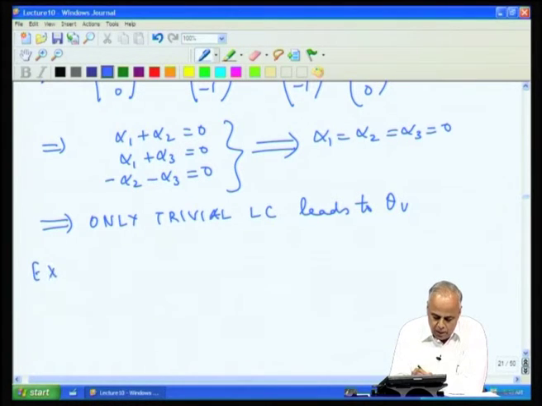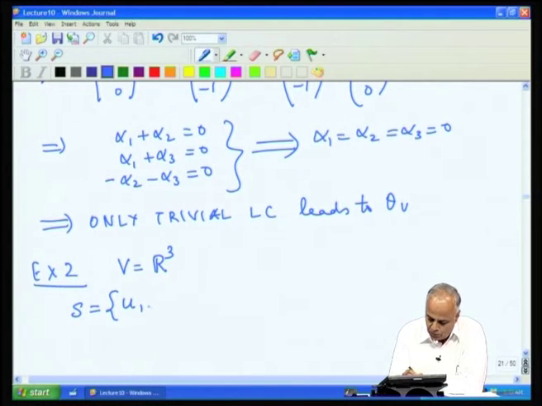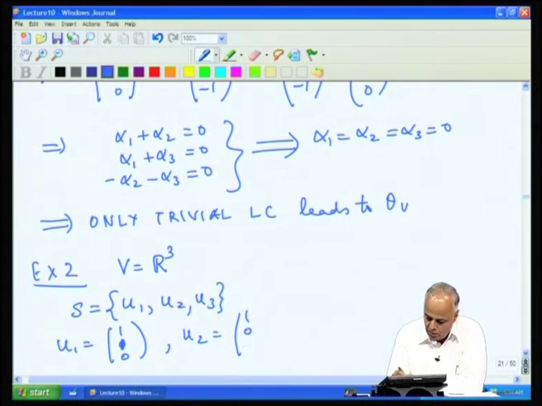Let us look at another example. Again let us take V equal to R3 itself, and S to be U1, U2, U3 again, but now let us take U1 to be (1, 1, 0) like before, U2 to be (1, 0, minus 1), and U3 to be (3, 2, minus 1).